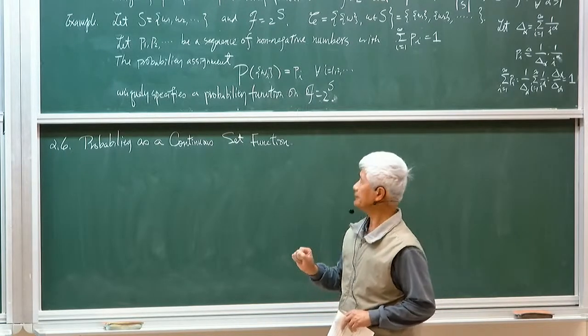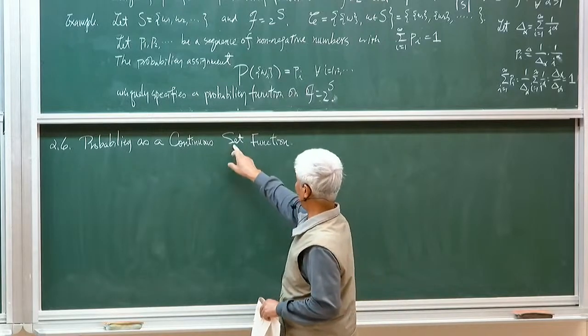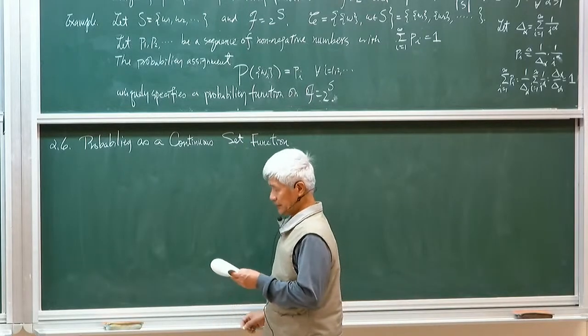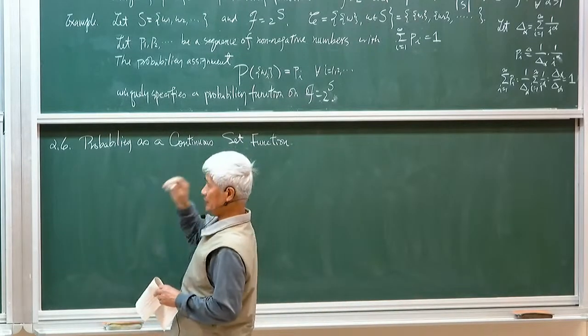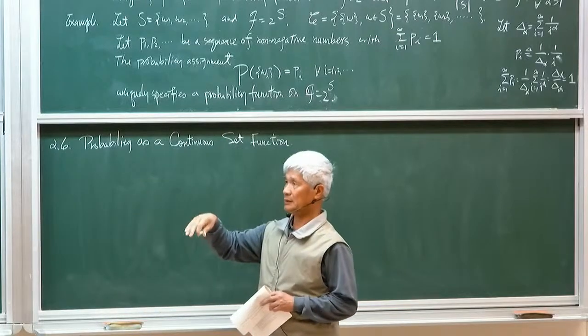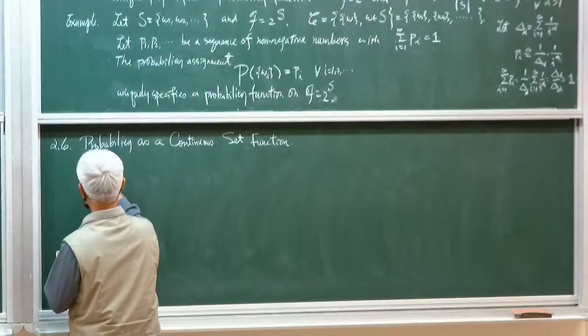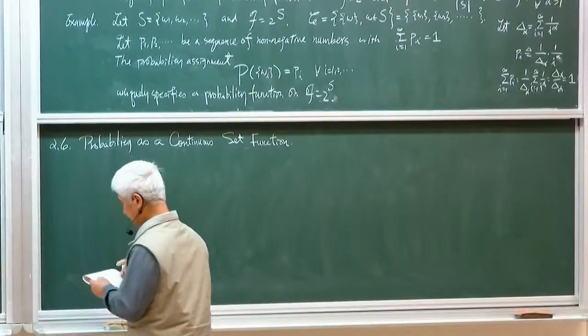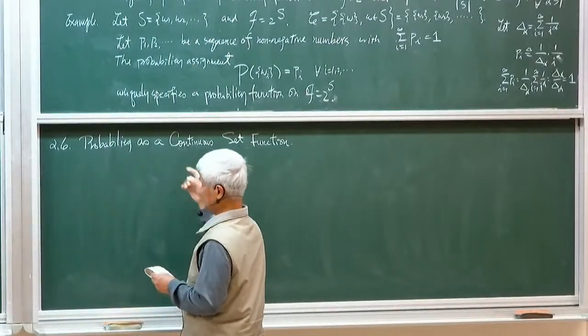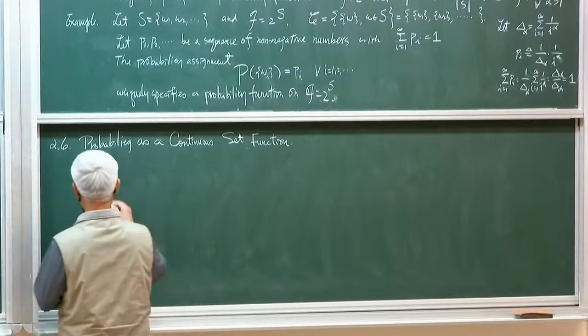So it is a so-called set function, because it is a function defined on a collection of sets. We have to address the continuity. What do we mean by continuity?